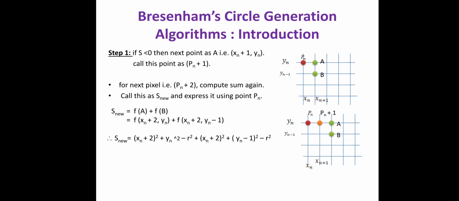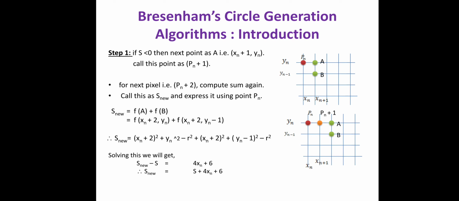So you can see that for S new, xn plus 2 bracket square plus yn square minus r square, this is for f of A. The same I am writing for B also, that is xn plus 2 bracket square plus yn minus 1 bracket square minus r square, right. So in this way I am solving it, and after solving this equation I am taking S new minus S, right. So S new becomes S plus 4xn plus 6.